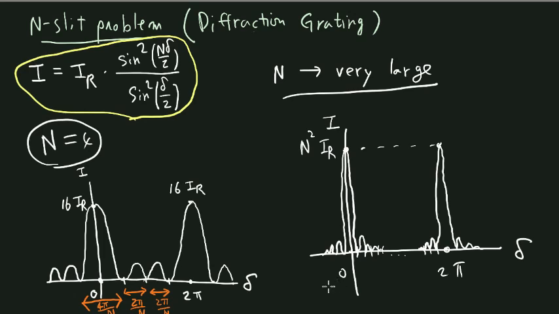Okay, so that's the main result. On the next slide, let's re-express our diffraction condition, our principal maximum condition, and intensity minimum condition with respect to kd sine theta and things like that.